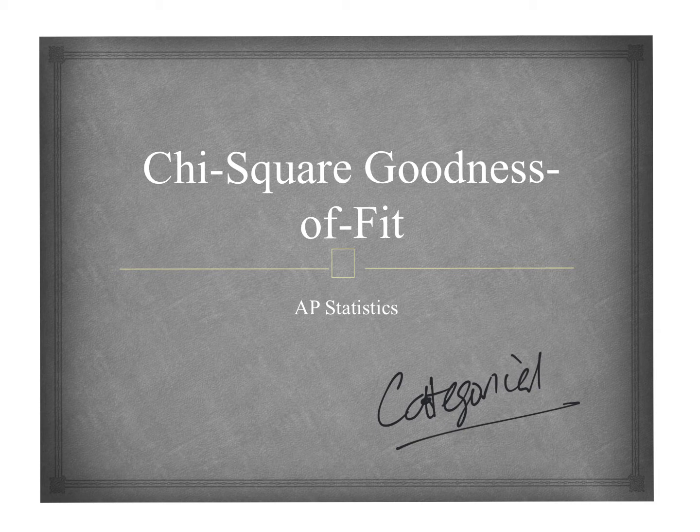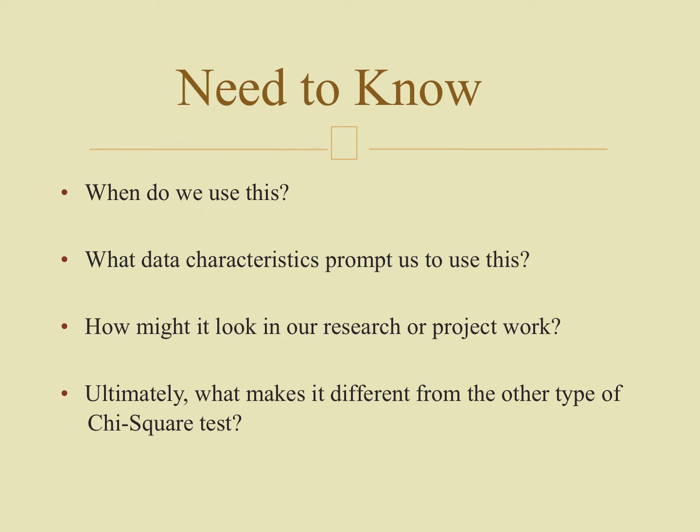So there's going to be a different format that you'll see in this particular lesson. When do we use this is the first thing we need to know. You'll see tables of information that look a little different versus the list of numbers or the list of yeses and nos we might have seen in the past. The data characteristics come back to the categorical.